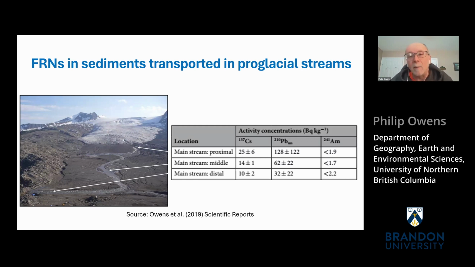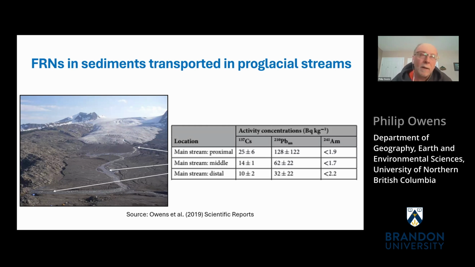Hopefully you can see with the concentrations of these 3 radionuclides that I've been talking about for the last 5 minutes or so, the concentrations are getting less the further we go away from the glacial snout. These concentrations are not nearly as high as what we see in the glacial sediment samples I showed earlier, but they are still pretty significant, particularly the ones collected really close to the glacial snout.